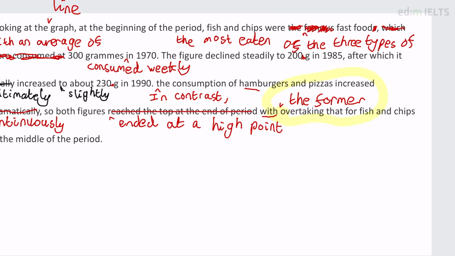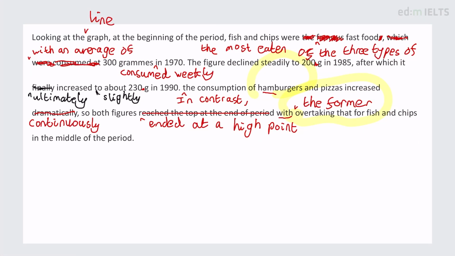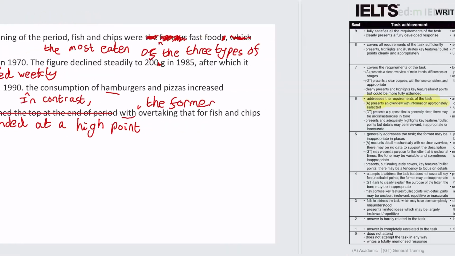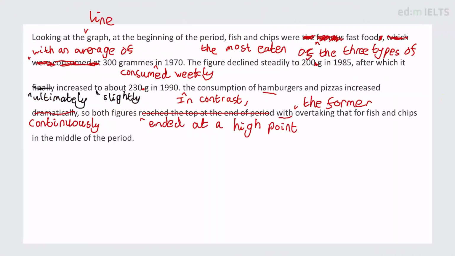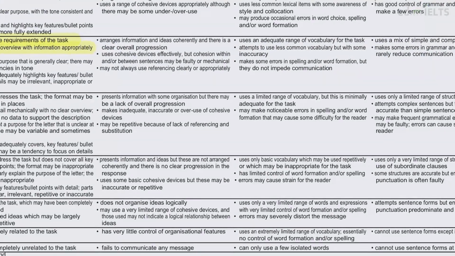You need something there, like the former type of the figure for the former type of food. So 6 overall for this one.